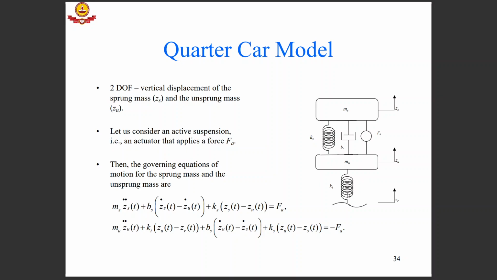So there are Kt, which is the stiffness of the tire, Ks, which is the stiffness of the spring in the suspension, Bs is the damping coefficient of the damper, and Fa denotes an active force which is applied by an actuator, right? If we were to consider an active suspension.